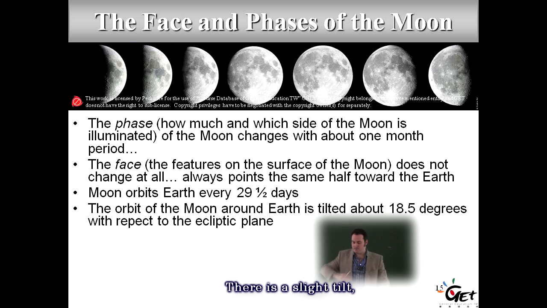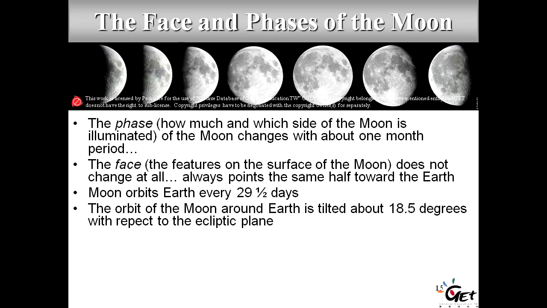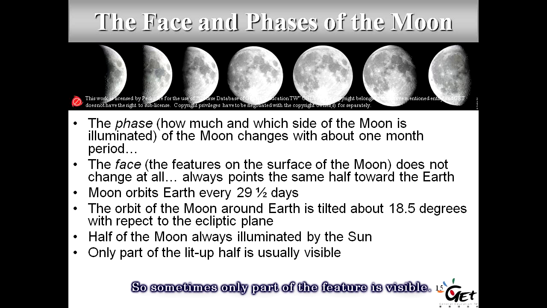There's a slight tilt, and you will see later it has its importance. And of course, half of the moon is always illuminated by the sun, but it depends which half it is. So that's creating this phenomenon of phases. So sometimes only part of the lit-up half is visible.